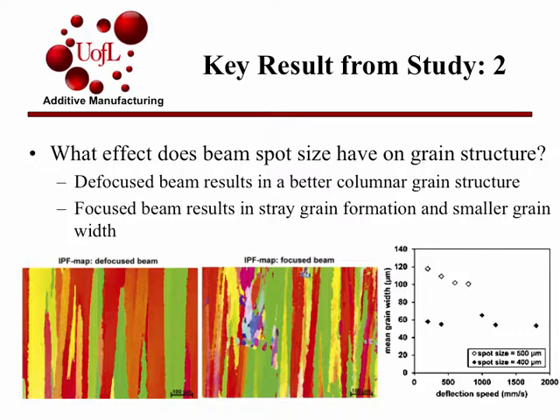And the right was the focused beam, and you can see all these stray grain formations, and they also had a lower mean grain width. So that's this graph over here. The black dots were the focused beam, and the white were the defocused, and on the left is the grain width. So you can see that with the focused beam, all of the grain widths were smaller than the defocused beam.